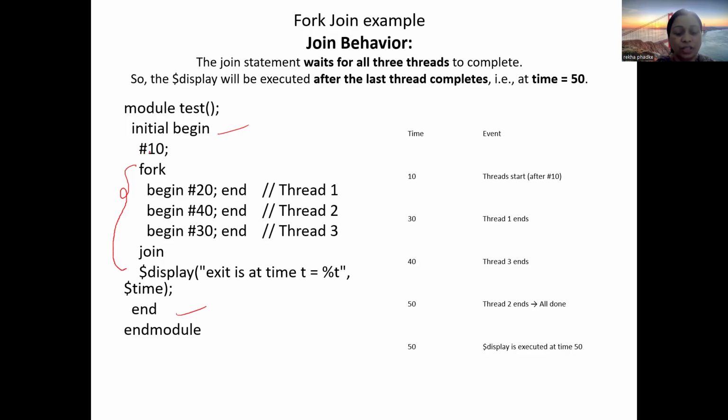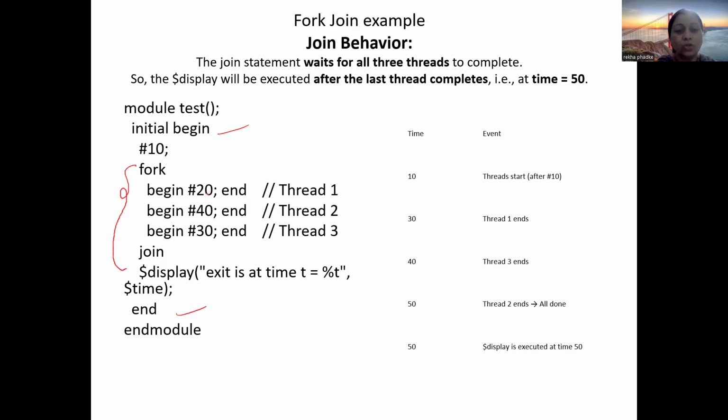So after the #10 delay, the fork join block executes. First, the entire block executes after a delay of 10, and only then anything outside the fork join block gets executed. So till 10, nothing gets executed here.